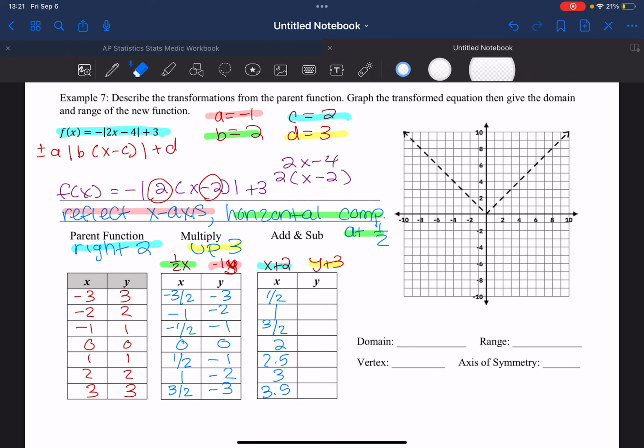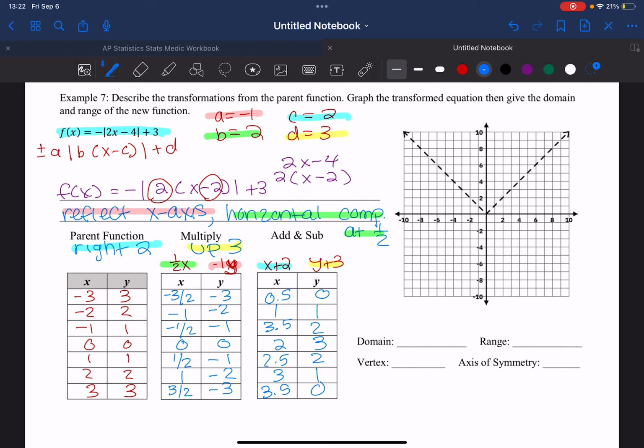This right here, I meant to write 3.5 and I wrote 3 halves, so it's supposed to be 3.5. And let me go ahead and just change this 1/2 to a decimal so we're staying consistent. Okay. And then for the y's, I'm going to add 3. So I get 0, 1, 2, 3, 2, 1, 0.